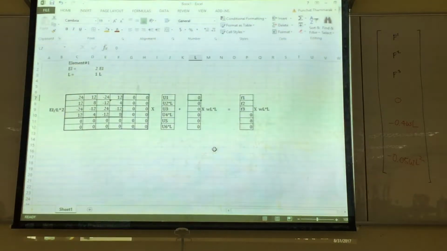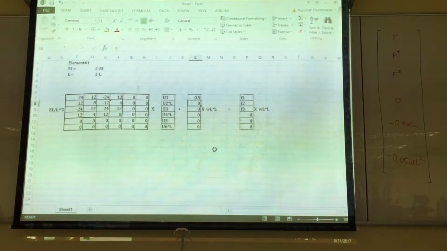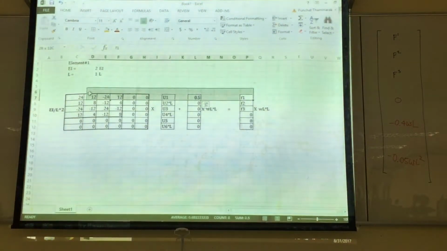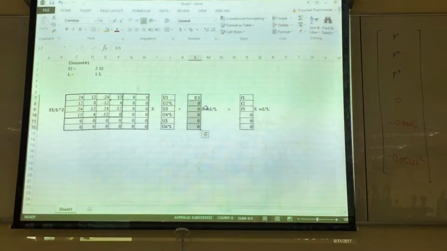WL over 2, which is 0.5, WL square over 12, but the line of WL over 2 I multiply through by the L, right? So you end up with WL square, like that one. The line number 5, the line U5, you get the L multiplied through. So instead of WL that you had before, it turns out to be WL square. So everything can be inside this vector, and then scaled by WL square.